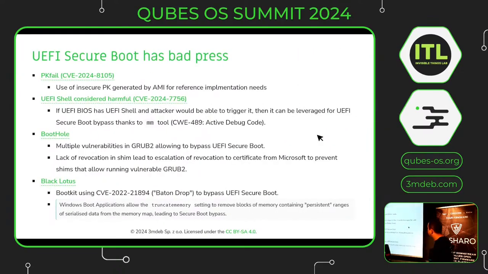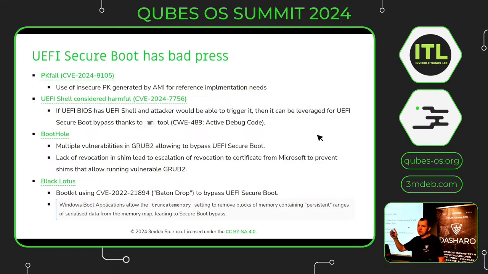So, PK fail. This is recent stuff, and researchers have been reporting a lot of it, finding this here and there. But essentially it's such a stupid mistake. So many vendors were just so lazy that they used the default or reference implementation from AMI with a PK generated in the code.